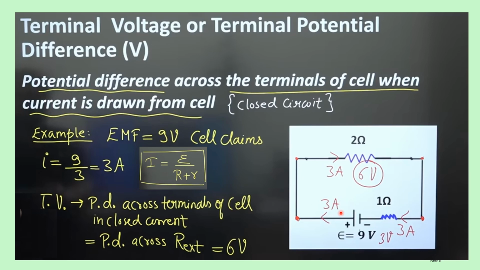Now calculate how much current will flow inside the circuit. You know the formula: I is equal to E divided by R plus r. Here the EMF is 9, so substitute in this equation.